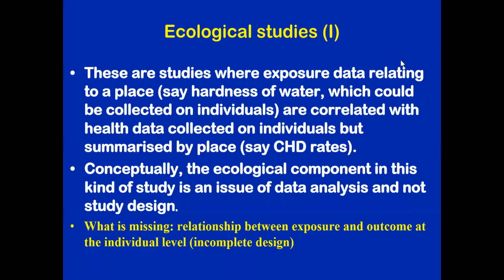But ecological studies are studies where exposure data relating to a place, for example the hardness of water, are correlated with health data collected on individuals but summarized by places. So in ecological studies, you are looking at summarized or consolidated data.